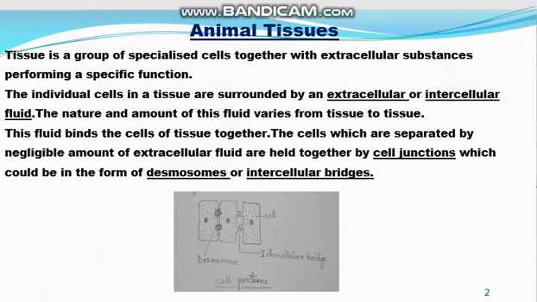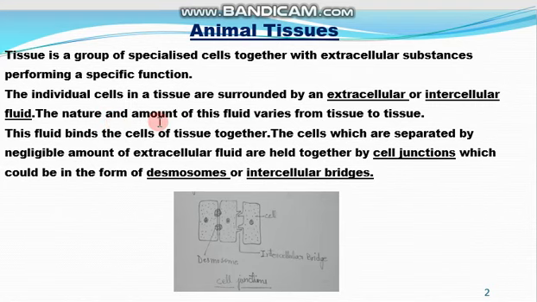So basically what are the animal tissues? Tissue is a group of specialized cells together with extracellular substances performing a special function. And the individual cells in the tissues are surrounded by an extracellular or intercellular fluid.